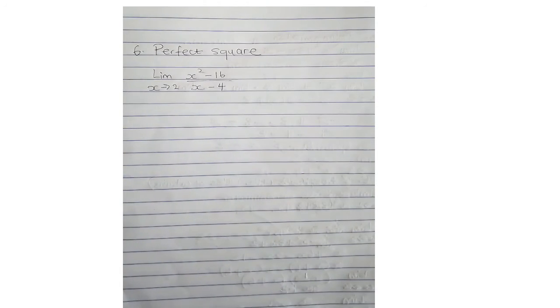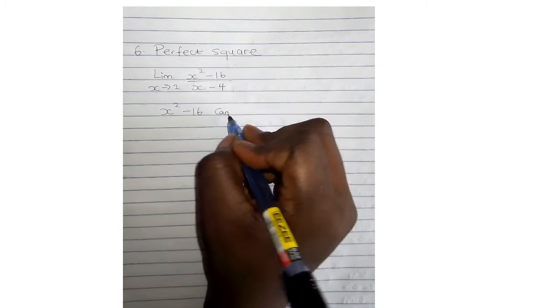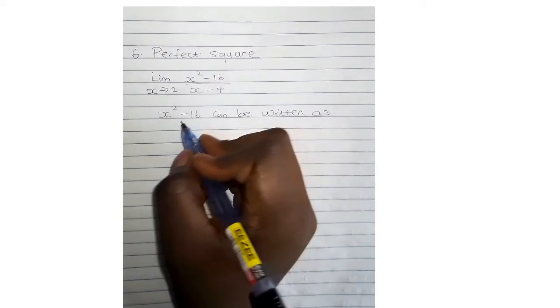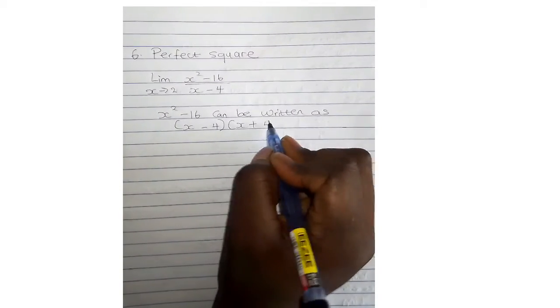Now, since 16 is a perfect square, we need to simplify x squared minus 16 so that it will be easy for us to look for the limit. Since the square root of 16 is 4, we can easily write x squared minus 16 as x minus 4 times x plus 4.